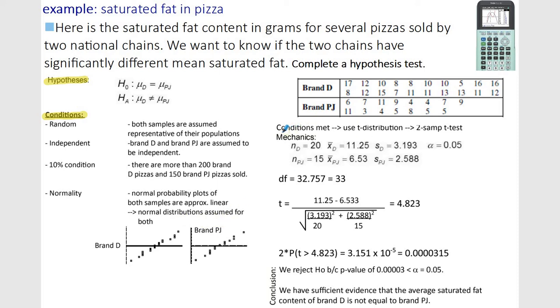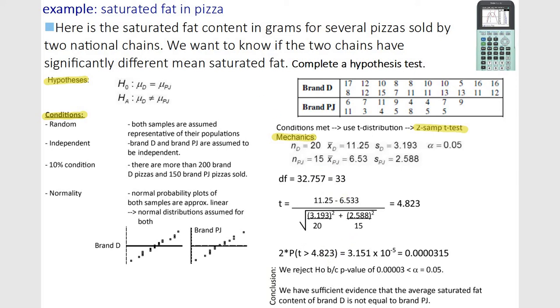Then you have your conditions are met, so we're going to use the t-distribution, the two-sample t-test. So then we have our mechanics for that two-sample t-test. You list all your information, the degrees of freedom, and then here we have all of our info.